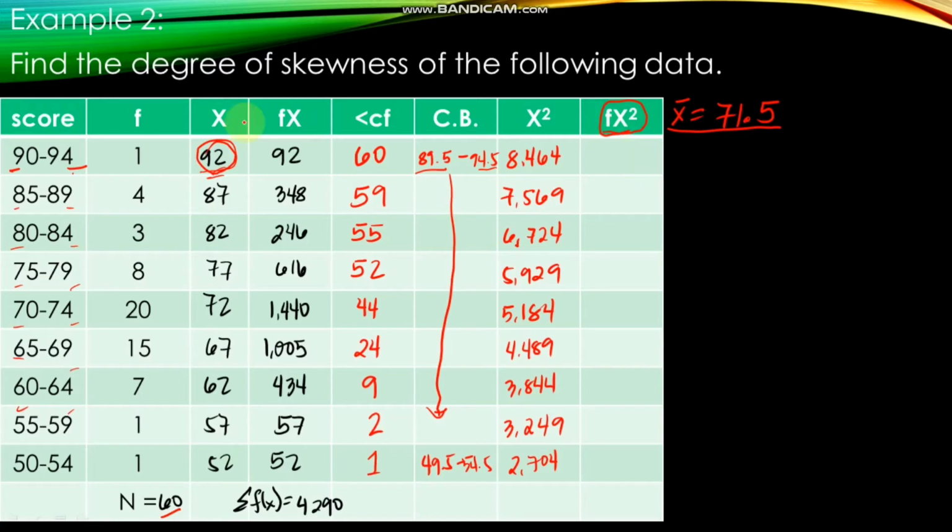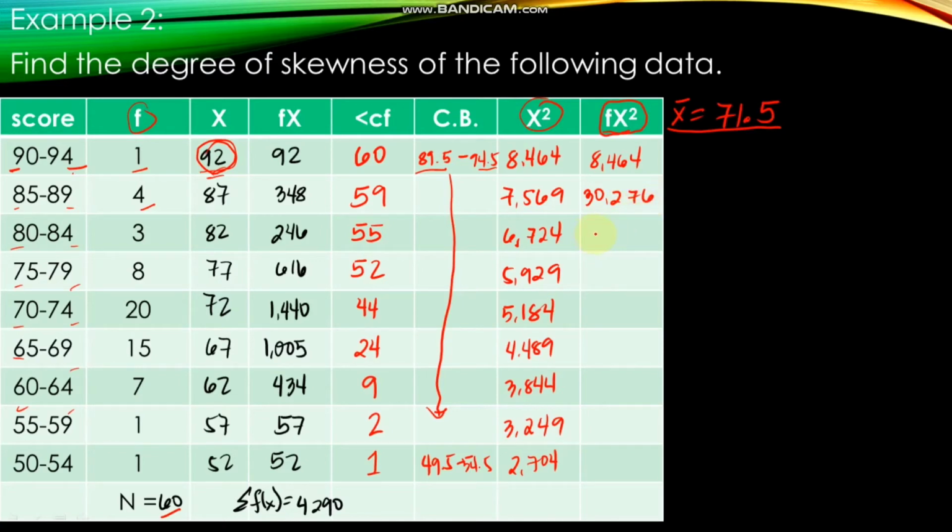Then let us look at the formula above, f times x squared. So you need to multiply the frequency times the value of x squared. So 8,464 times 1, so automatically that is 8,464. And 7,569 times 4, so that is 30,276.